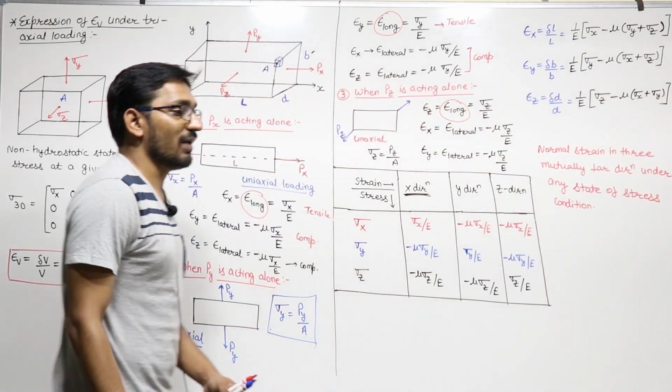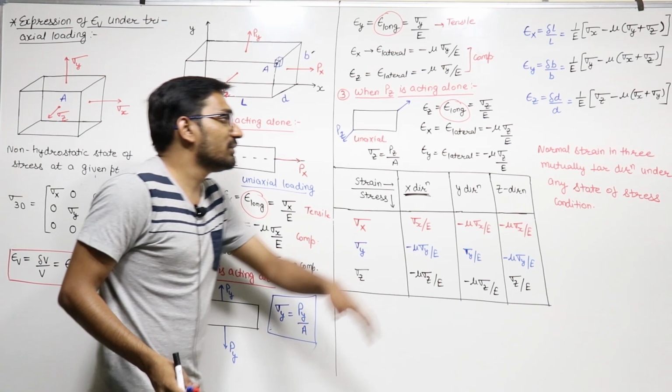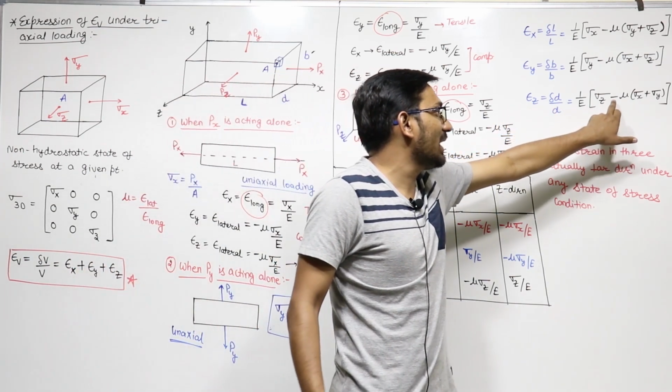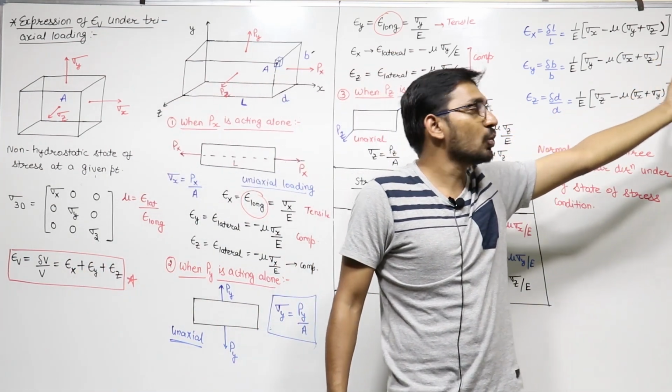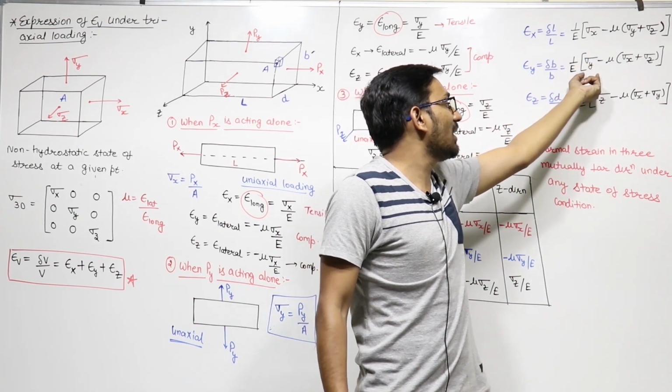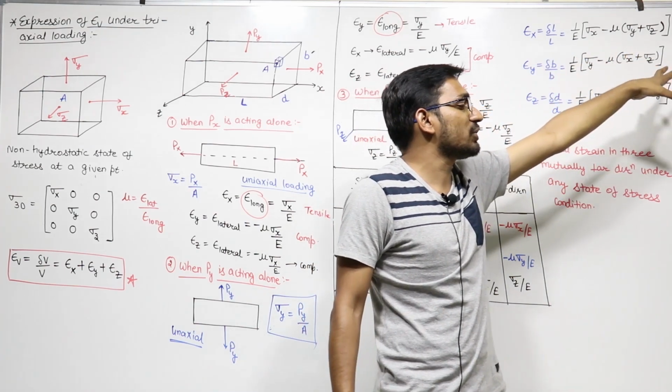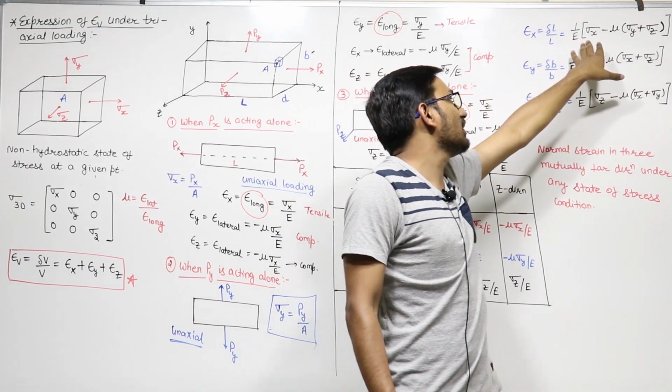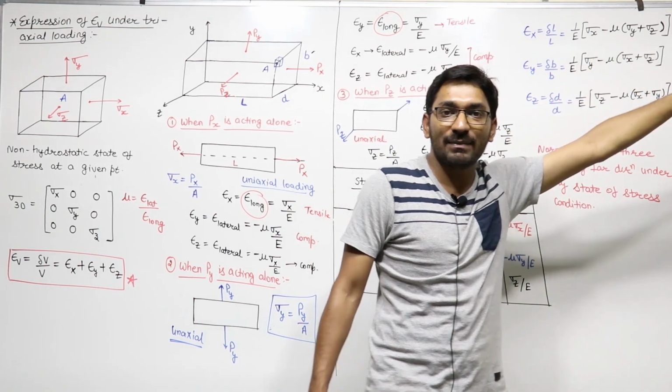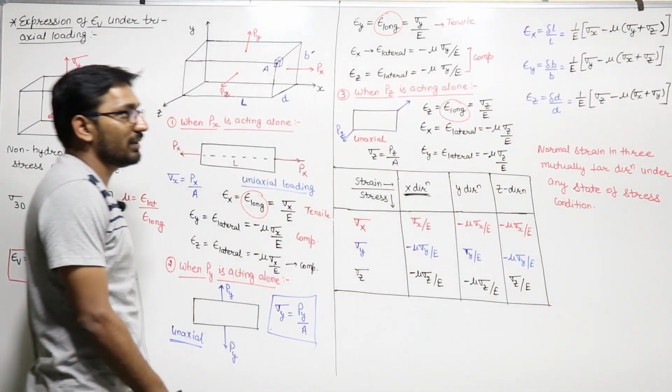Just remember, if here it is z, then sigma z minus mu times the rest 2. For y, it is sigma y minus mu times the rest 2. Or epsilon x is equal to sigma x minus mu times sigma y plus sigma z upon E.